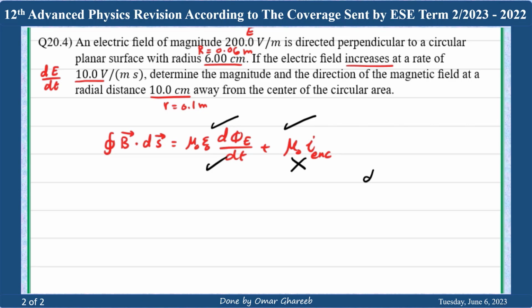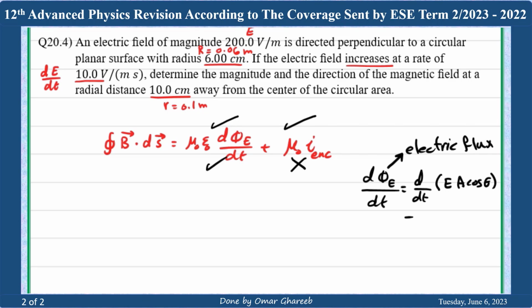First find d phi E by dt. It is d by dt of E A cosine theta. Don't forget, this is electric flux, not magnetic flux.